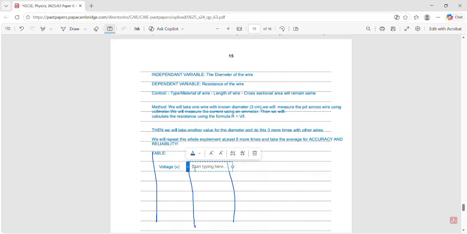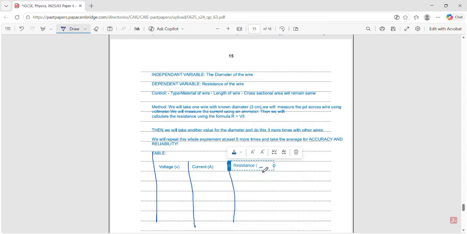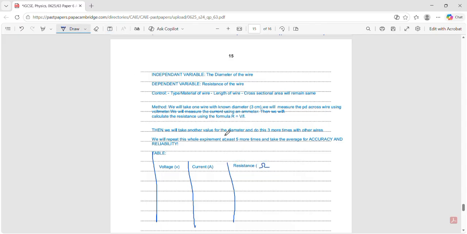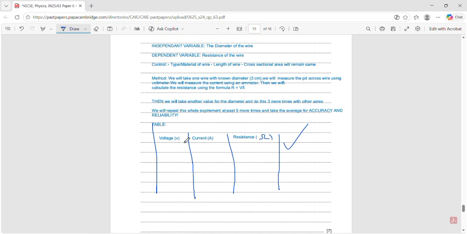Current, which will be in A, and then the resistance, which will be in ohm. And yeah, so that's a table done, because we just need voltage, current, and resistance.